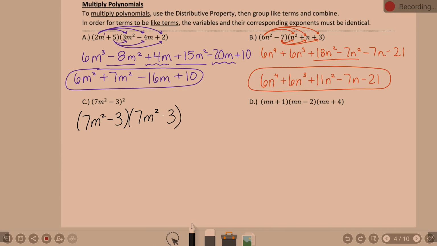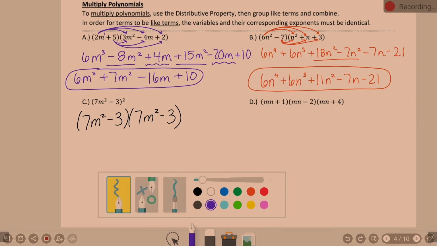Because when that's a squared, it means we're doing parenthesis times parenthesis, right? And the common wrong answer there is to just say, oh, it's 49m to the fourth plus 9. You're missing the middle terms then. Okay, so do me a favor, write it out, and then let's distribute.